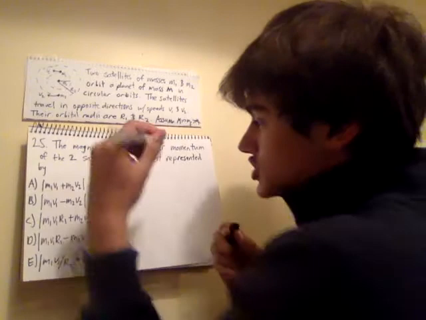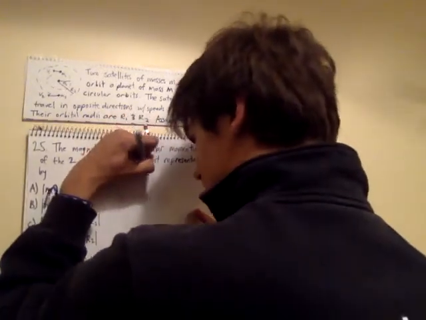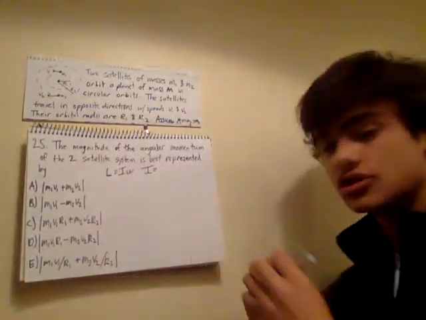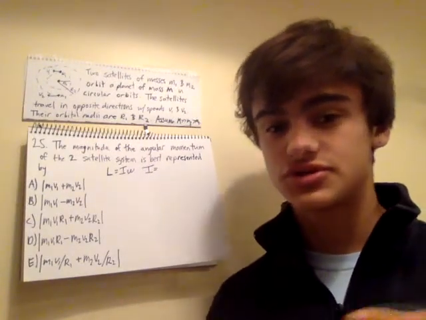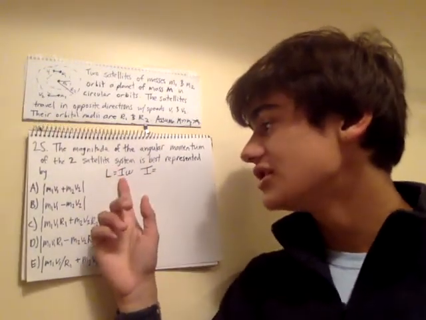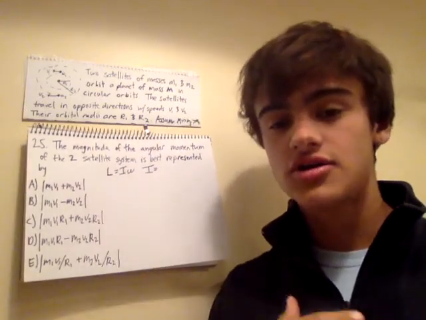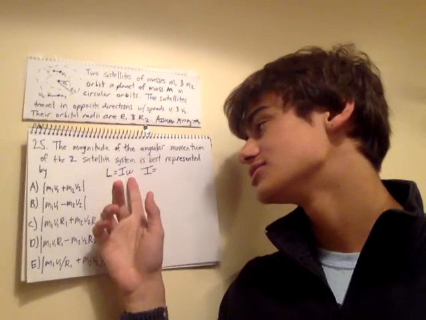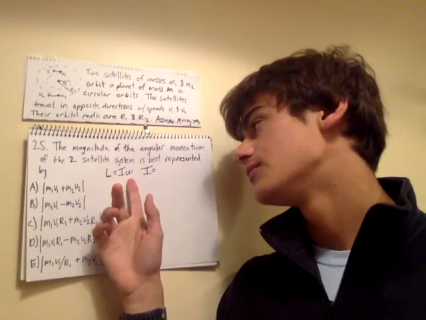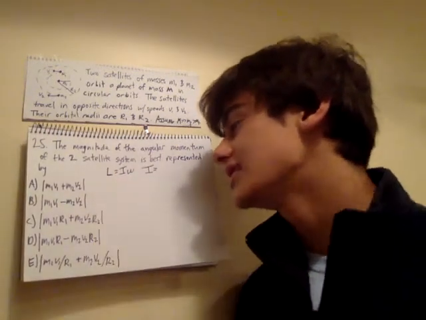So moment of inertia is basically the rotational equivalent of mass. This equation is basically Newton's second law, but angular. So instead of being force equals mass times, excuse me, no, that's the torque equation.